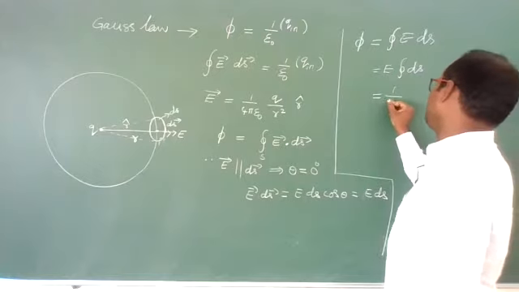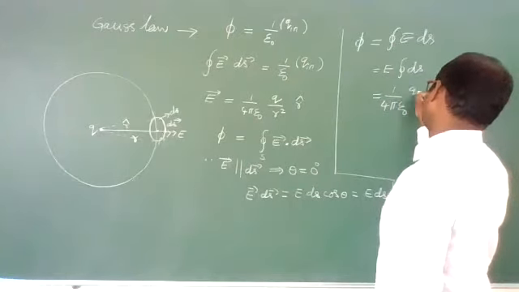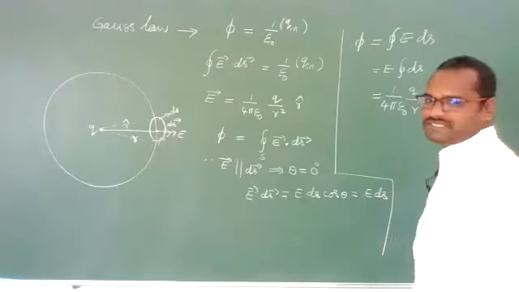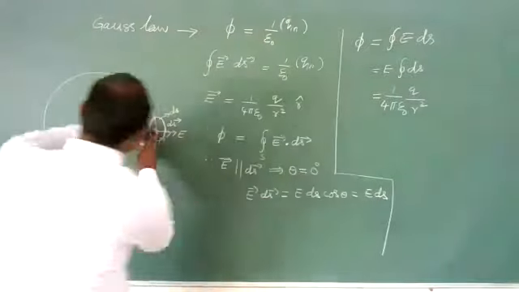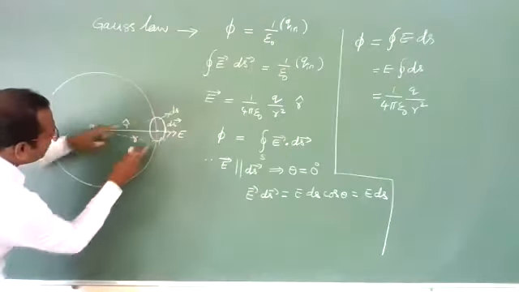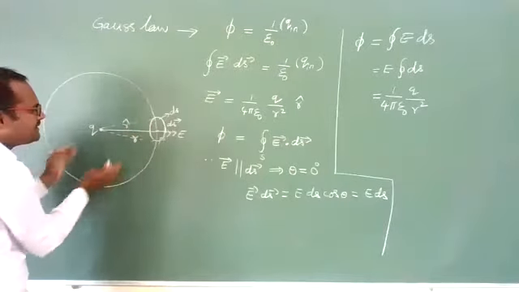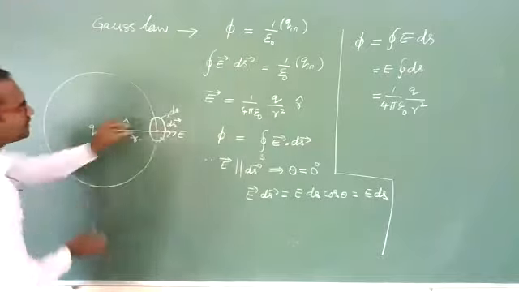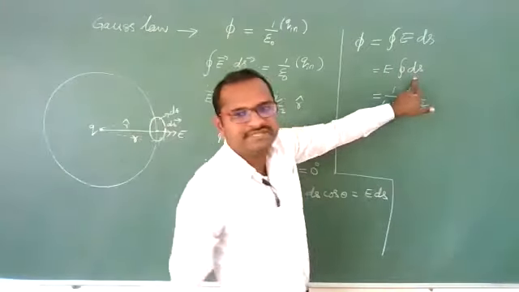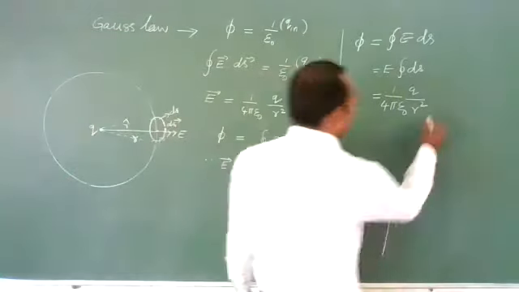It is 1 by 4 pi epsilon naught q by r square, the electric field at that point P. And what will be the integration of ds over this closed surface? I want the total integration of ds, which is nothing but the total spherical surface area, that is 4 pi r square.